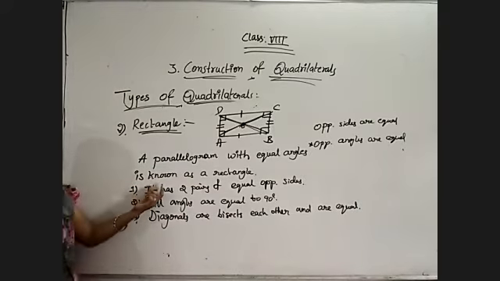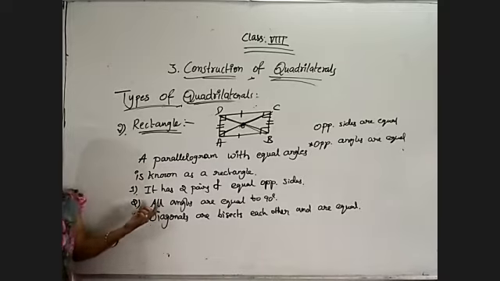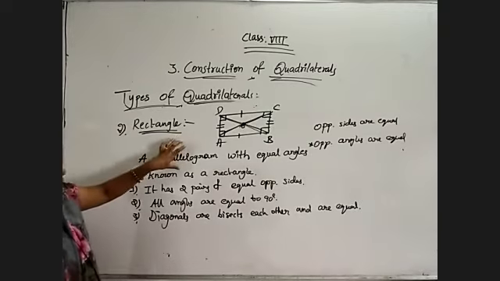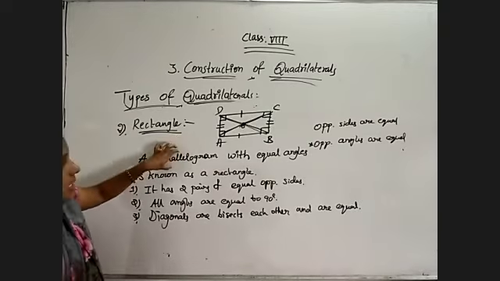A rectangle has two pairs of opposite sides that are equal, it has all angles equal, and diagonals bisect each other and the two diagonals are always equal. So such a shape is known as a rectangle. And remember, I am mentioning that it is a parallelogram. So all rectangles are parallelograms, but all parallelograms are not rectangles.